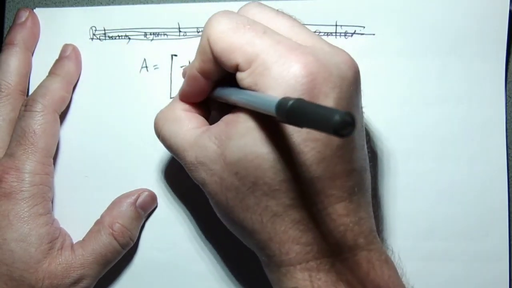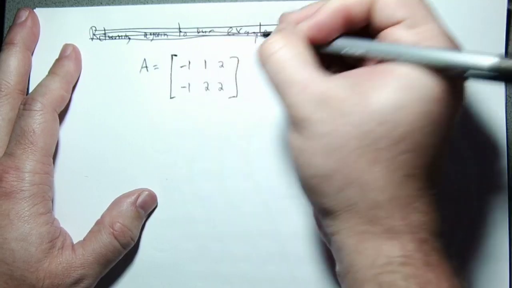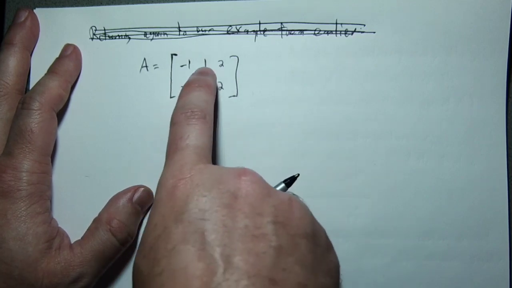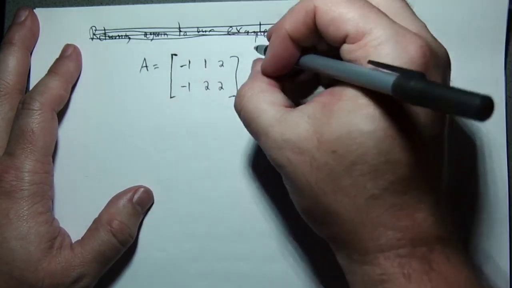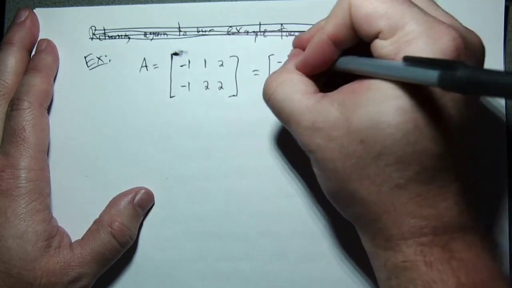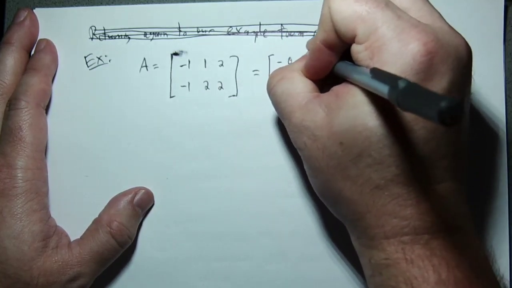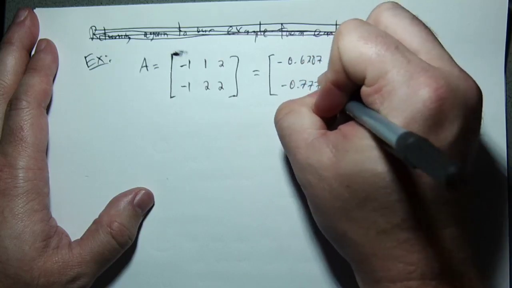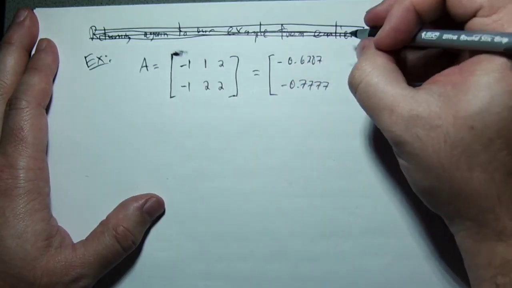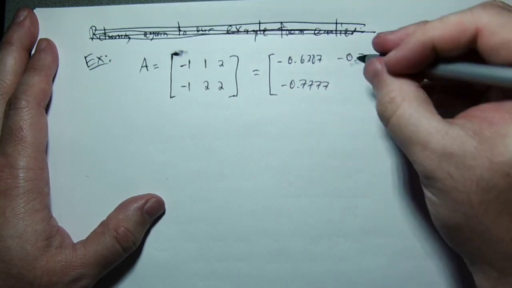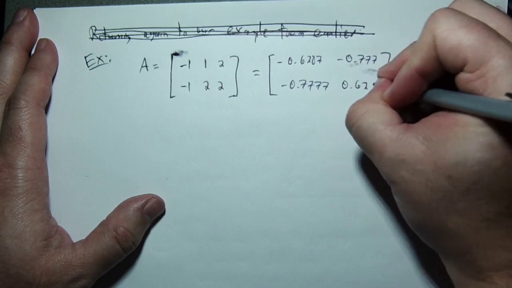So our matrix A, reading column-wise, is -1, -1, 1, 2, and 2, 2, which has SVD the following. So this is minus 0.6287, minus 0.7777, minus 0.7777, and the last entry is 0.6287.